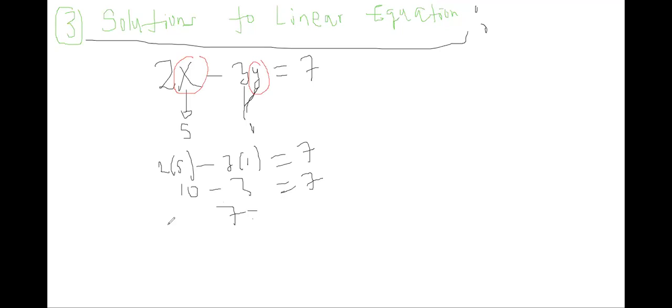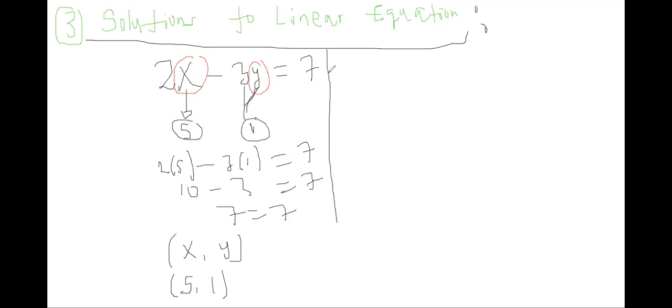So the solution to this equation is the x coordinate, then the y coordinate. The x coordinate is 5 and the y coordinate is 1. But someone will ask, how did you get this 5 and 1? Because I just brought it up. How do we get it?